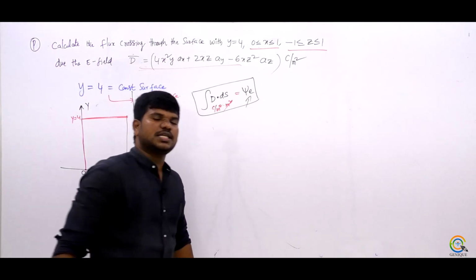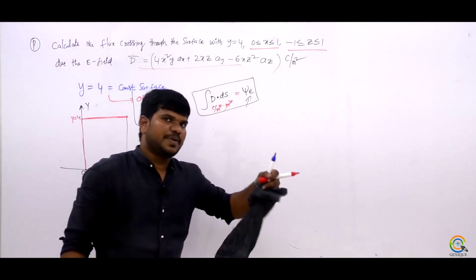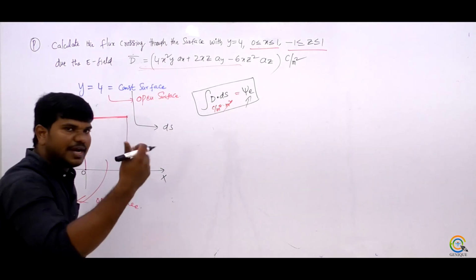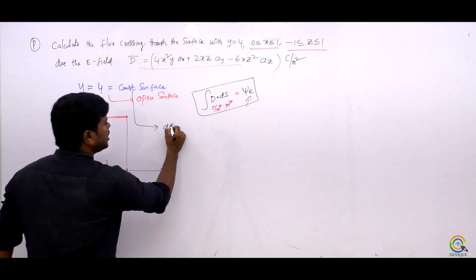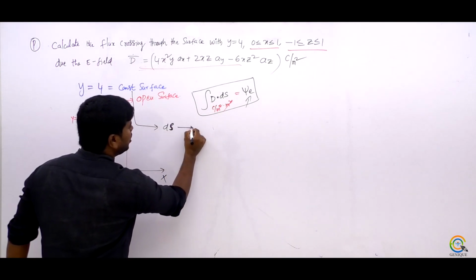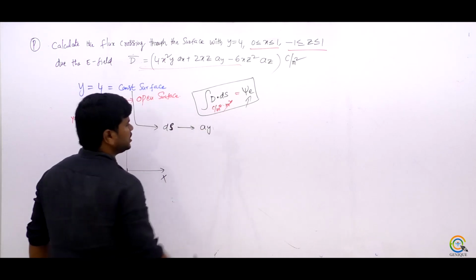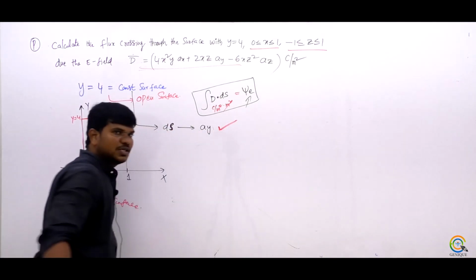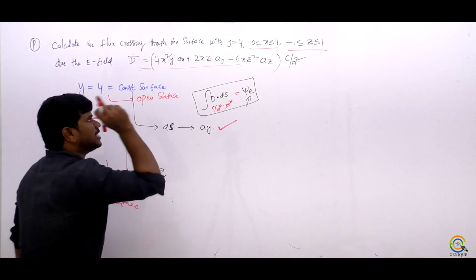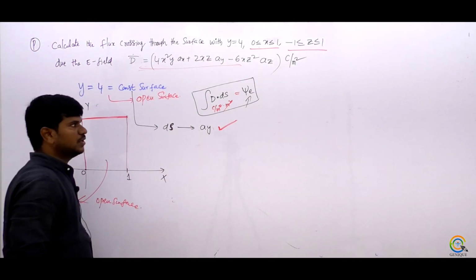If y equals constant surface, the surface direction will be the ay direction. That is the thing you have to notice. This is very, very important, so deciding the surface direction is very important.